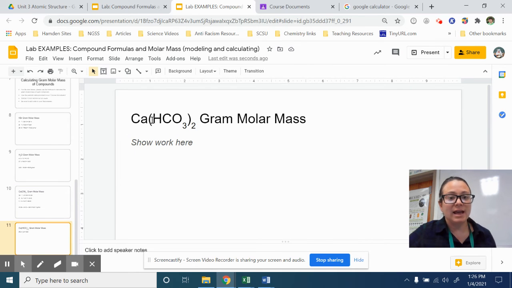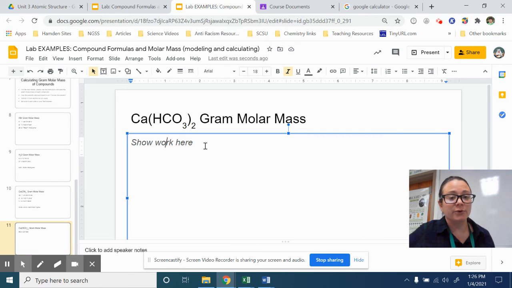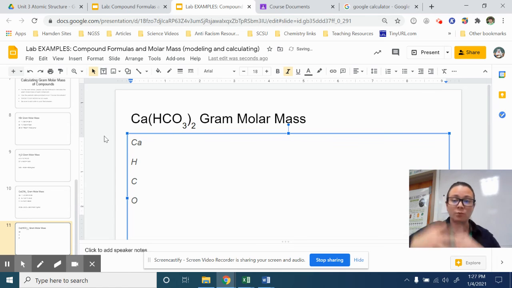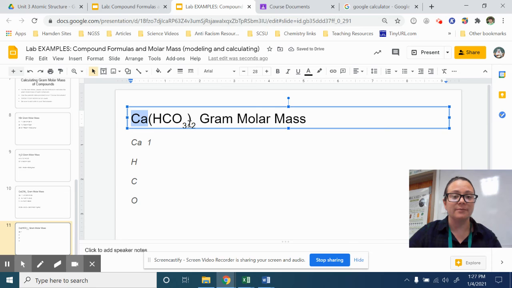Okay, Ca(HCO3)2. All right, so remember, the first step is always to write down what elements you have. I have calcium and hydrogen and carbon and oxygen, right? The second step is to count them. There is 1 calcium because there's no little number next to calcium.